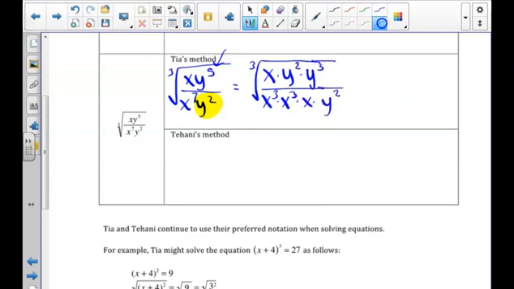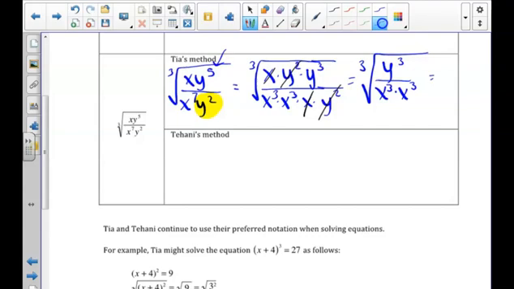So now what we see here is that if there is a term in the numerator that will cancel out with the denominator, it will be gone. So y squared will be gone and the x's will be gone. So we can simplify this to the cube root of y cubed divided by x cubed times x cubed.